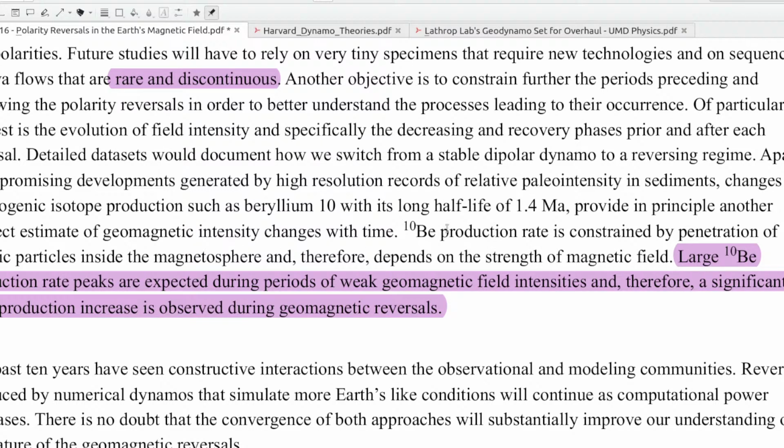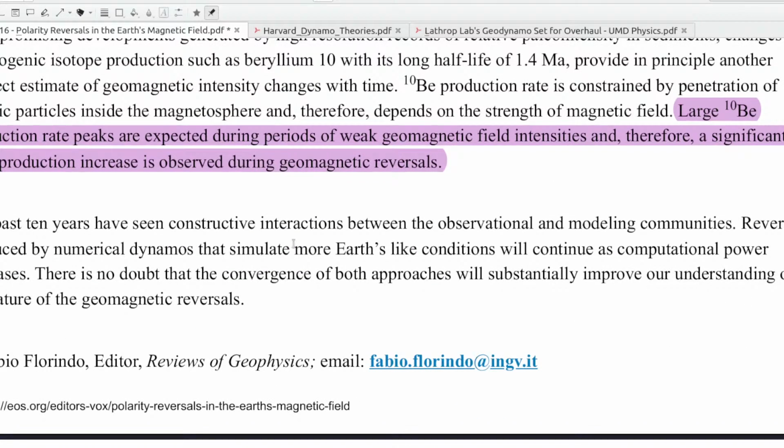But then it's constrained by the penetration of the cosmic particles. And so you get more cosmic particles, everything goes haywire, and then we can look and say, well, it must have produced a bunch more during that time period, and thus, boom, field reversals. We can study them.